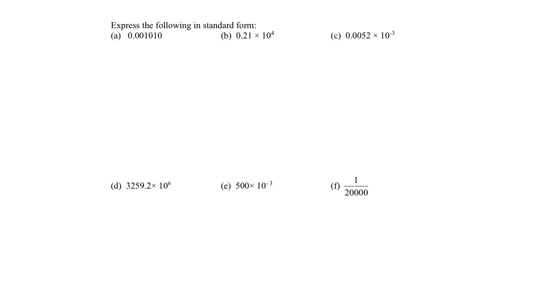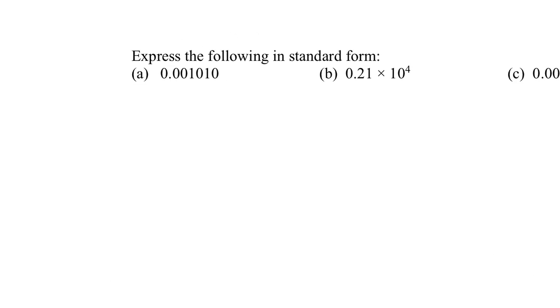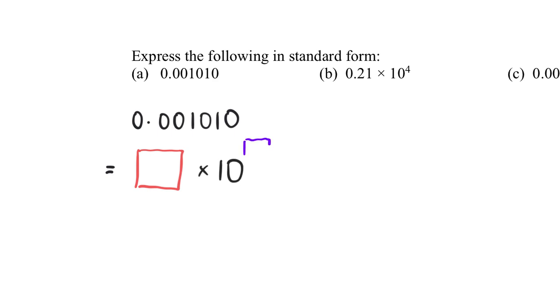Let's zoom in on part A, where we are given 0.001010. How do we write it in standard form? 0.001010 is equal to some number multiplied by 10 to the power of some number.